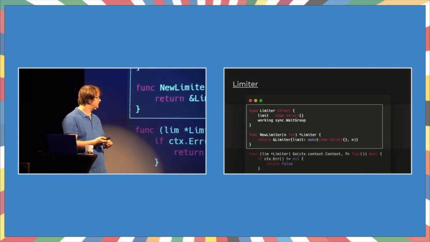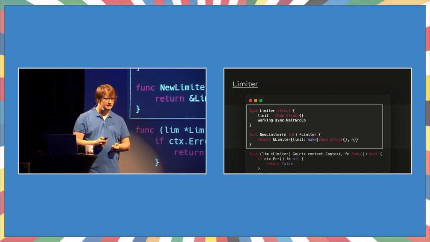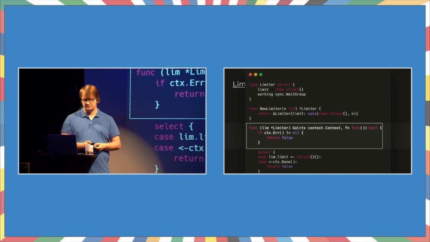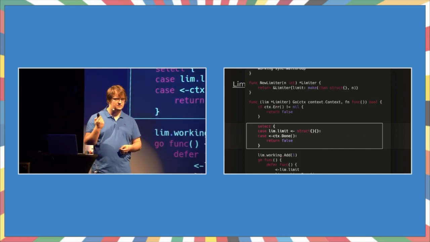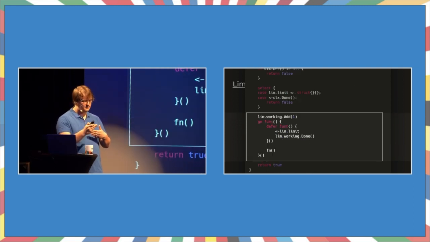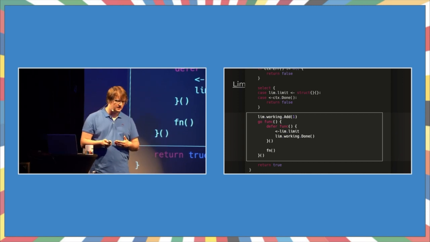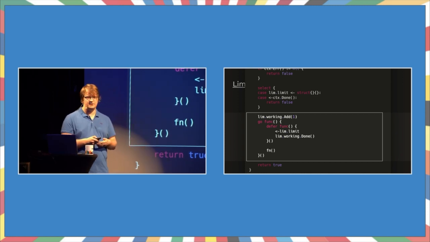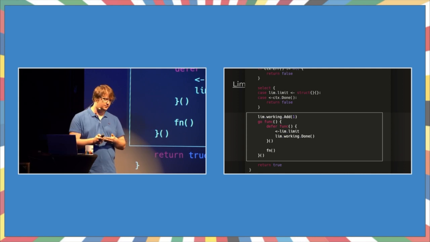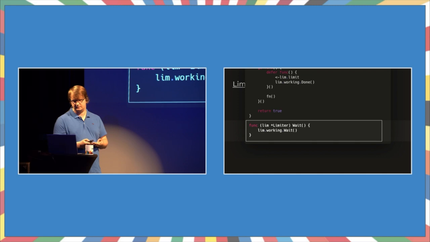We have the limiting semaphore or the channel. We check first whether the context is cancelled. Then we ensure that we are using the semaphore correctly. And eventually, we add it to the wait group and handle the finishing of it. And that's it. And you wait for it when you need it.